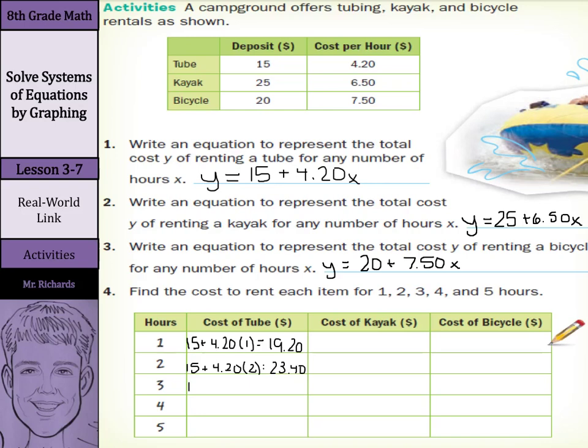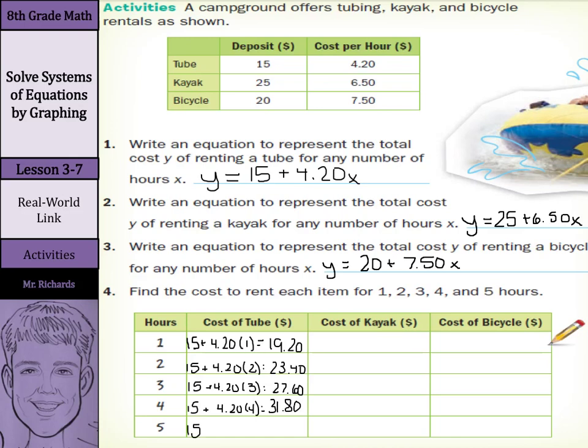Continuing, we have 15 plus $4.20 times 3, and $4.20 times 3 is $12.60, plus the $15 is $27.60. Then we have 15 plus $4.20 times 4, and $4.20 times 4 is $16.80, plus the $15 is $31.80.